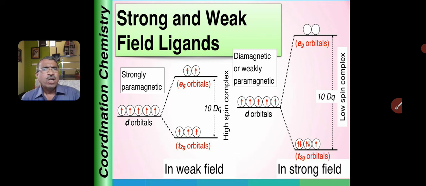In case of strong field, the energy difference between t2g and eg is high. Therefore, the pairing of electrons takes place in t2g first and then goes to the eg. This results in low spin complexes.